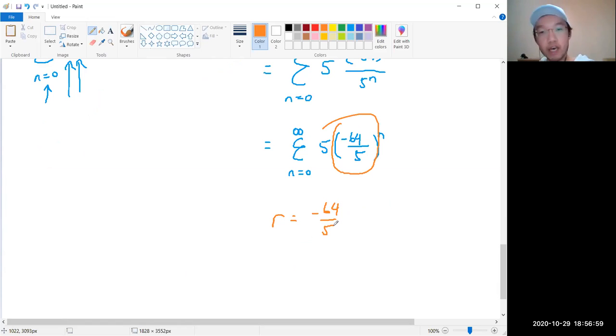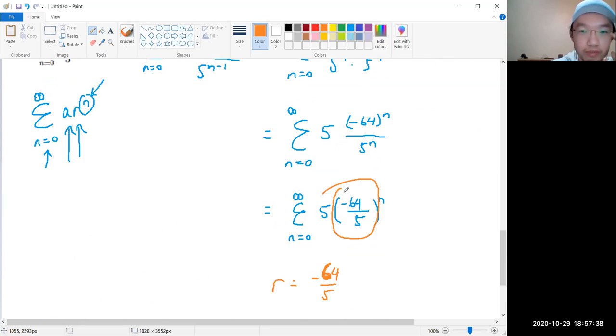So based off of that common ratio, what can we say about our series? Because the absolute value of the common ratio is not less than 1, does it oscillate?